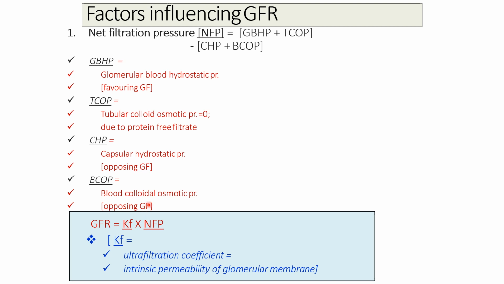So those are the four pressures, which favor and oppose glomerular filtrate. So GFR is equal to Kf, which is the ultrafiltration coefficient, equal to the intrinsic permeability of the glomerular membrane, multiplied by net filtration pressure. This is the formula for glomerular filtration rate.